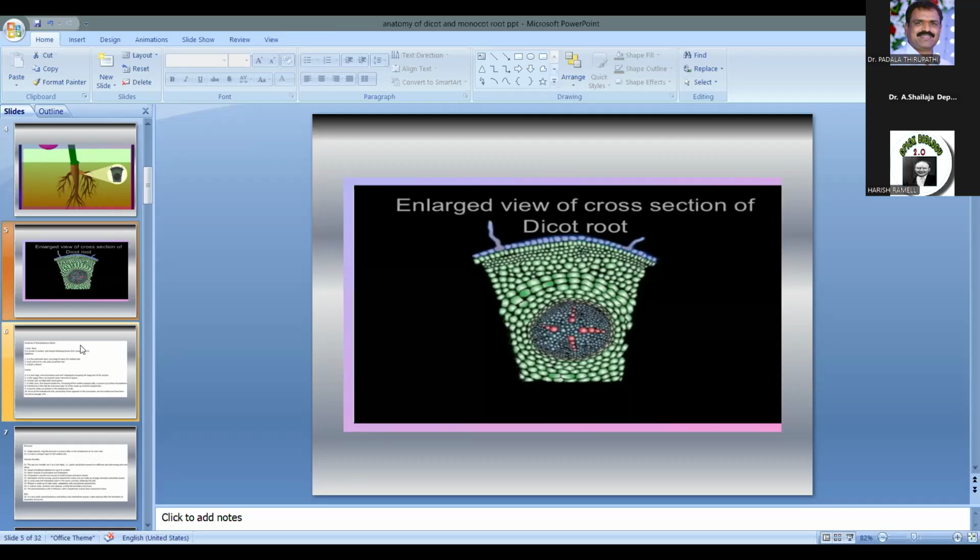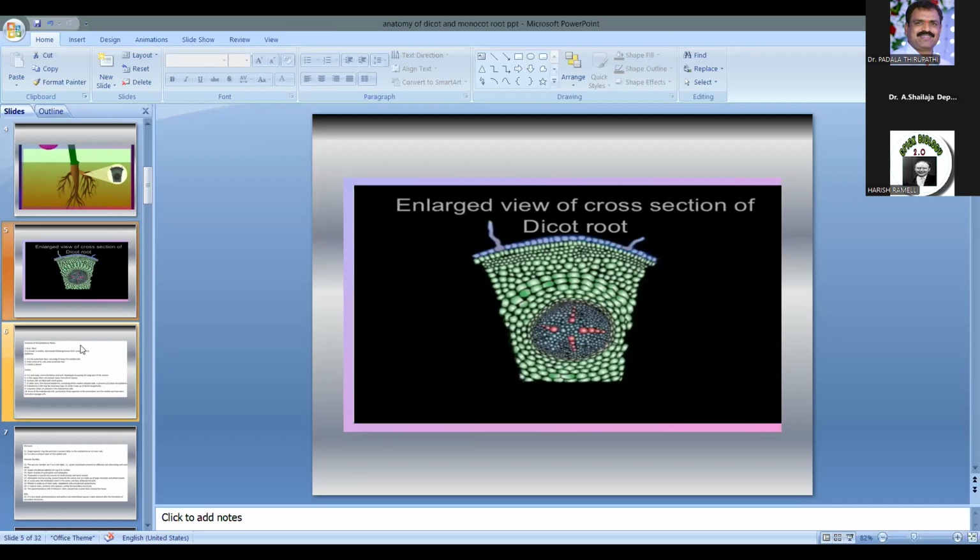Examples for diarch: Linum, Daucus, Raphanus, Lycopersicum, Nicotiana. Diarch means 2 xylem bundles are present. In Pisum, the root is triarch.